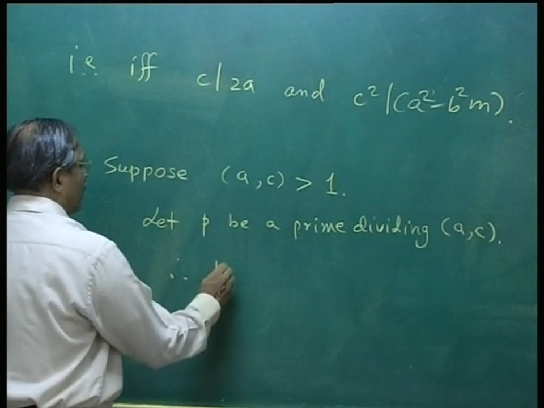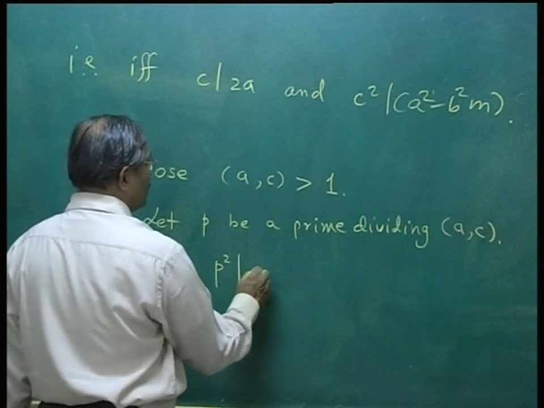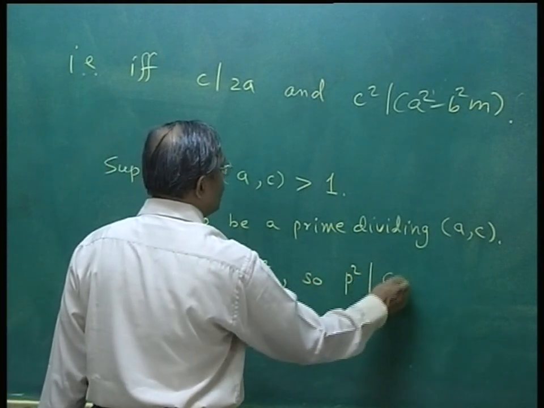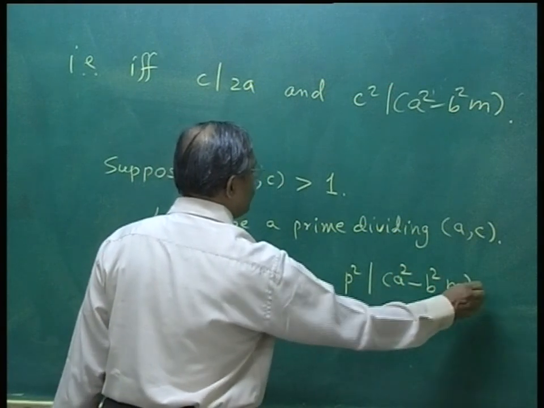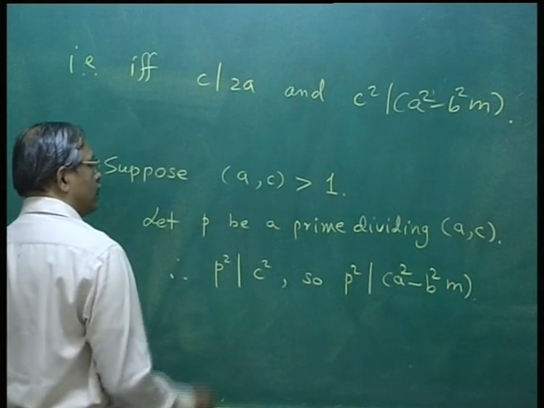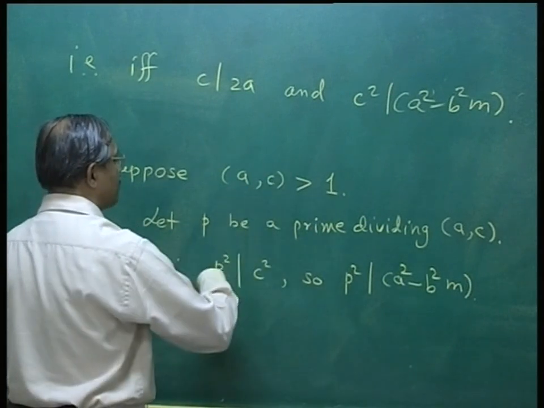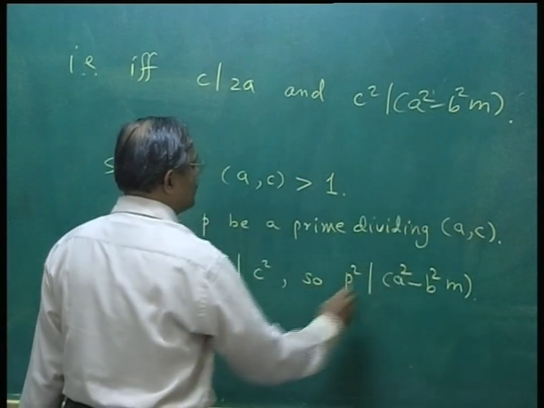Therefore, p square divides c square. So, p square divides a square minus b square m. Okay, p square divides c square, c square divides this. Therefore, p square divides this.